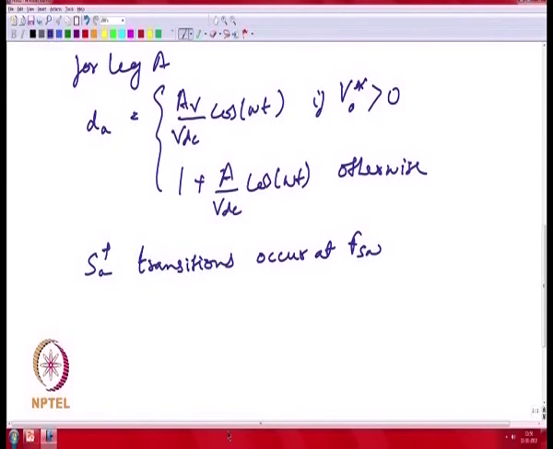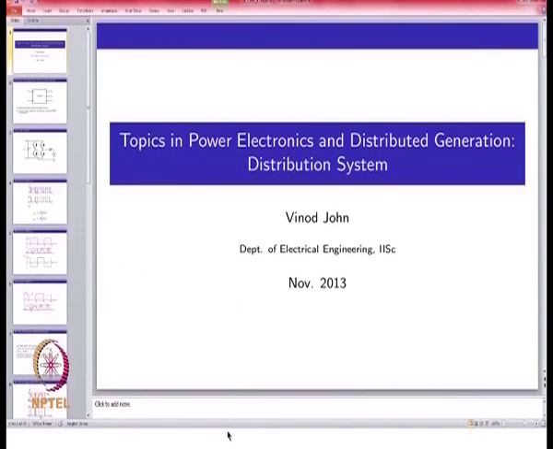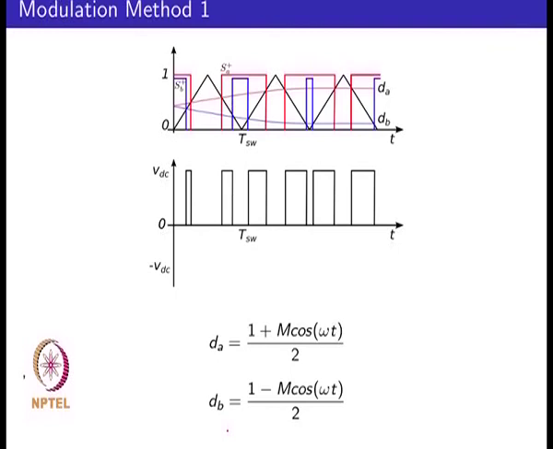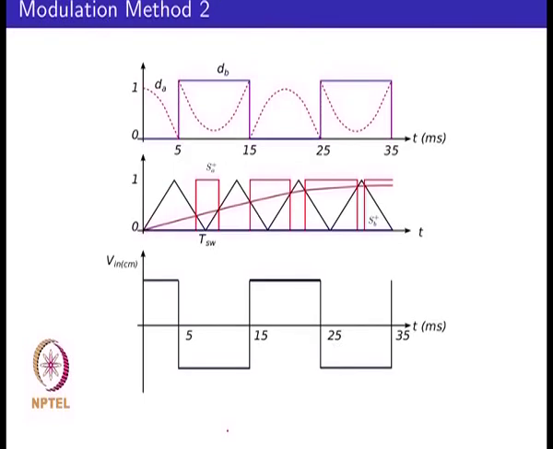If you look at VAB on a differential mode, essentially your dB is now switching at the fundamental frequency. So, this is time in milliseconds.